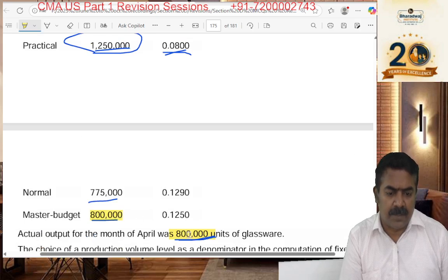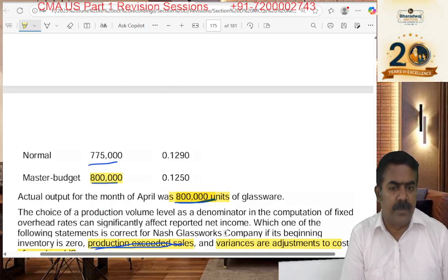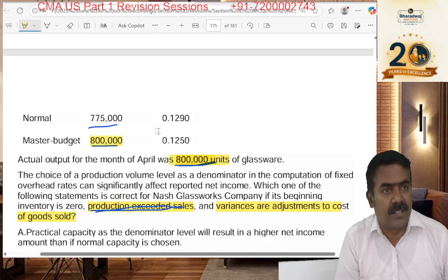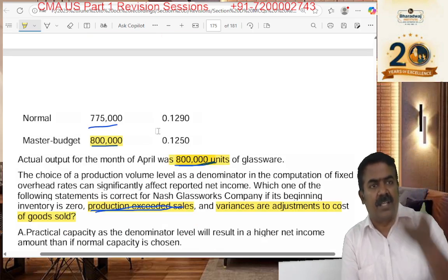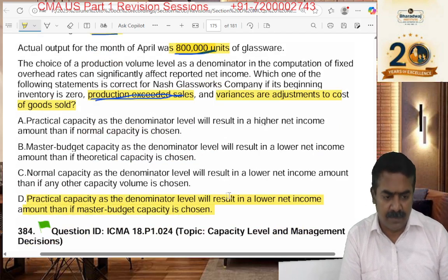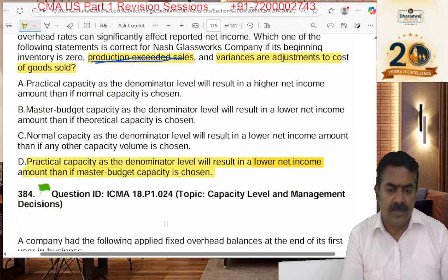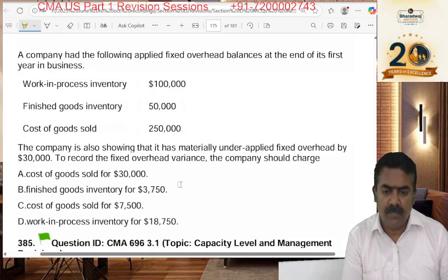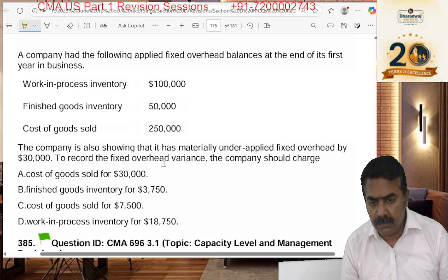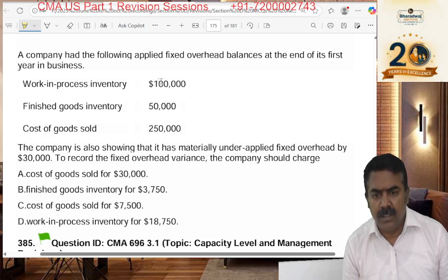Because with master budget capacity at 8 lakhs, the effect will be zero. But here the 4,50,000 variance is adjusted against cost of sales, so cost of sales will go up and your profit will come down. It will result in lower net income compared to master capacity. WIP is there, finished goods is there, cost of goods sold is there.